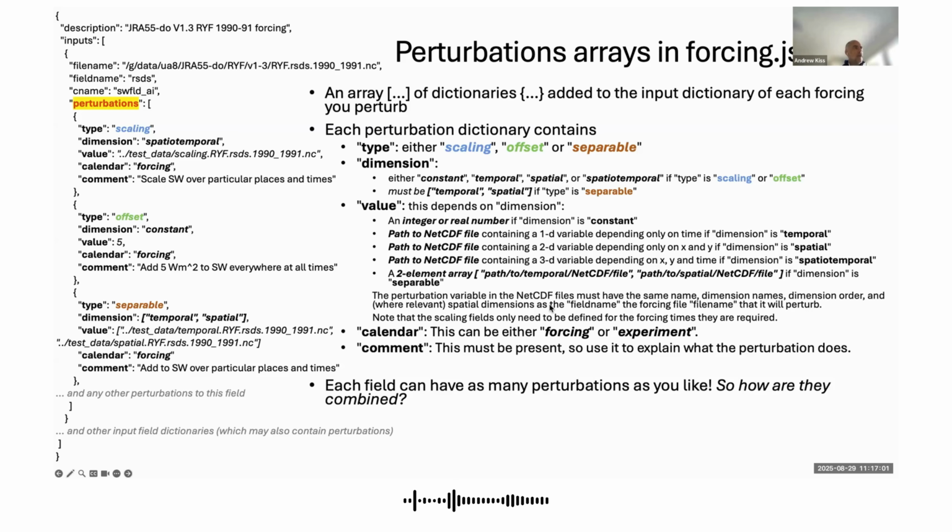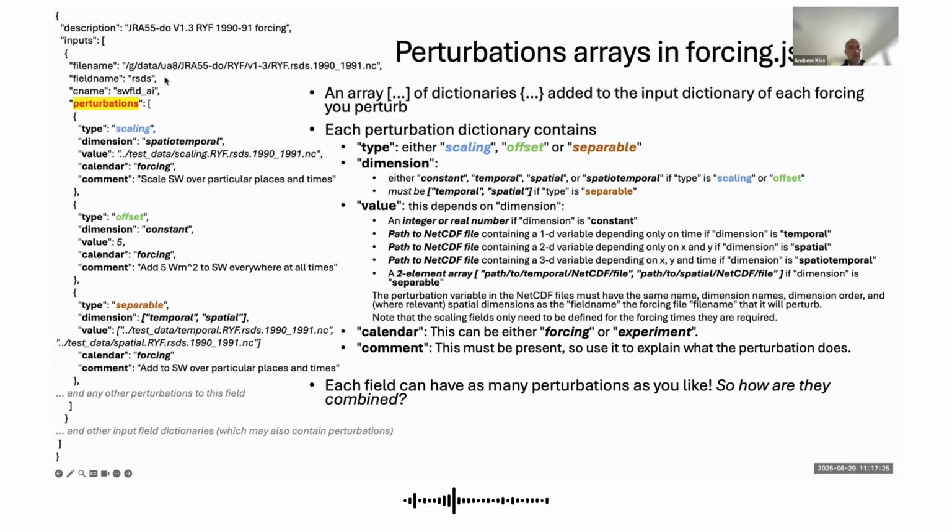Each of these netCDF files requires a variable in it which has the same name as the variable in the JRA55 netCDF file that you're trying to modify. So it needs to have a variable which is the same, in this case RSDS, if you're doing shortwave. That's the variable name.